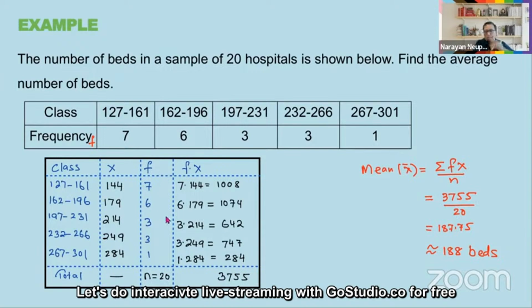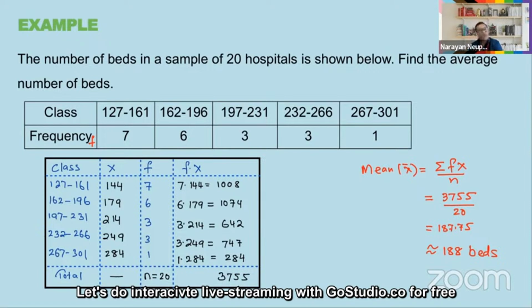In the third example, the difference is that they have not given the X values directly. X values are the midpoint of the class. So we add the lower and upper limit and divide it by 2 to get those midpoints. Okay? All good? Okay, now the next one is going to be the weighted mean.